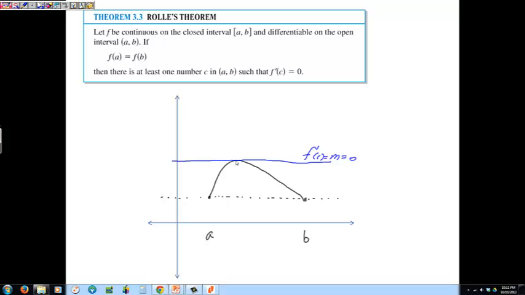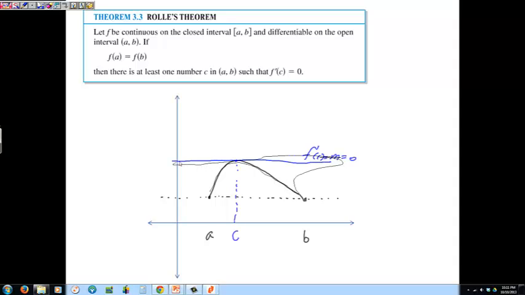And we're going to call this point here C. Okay? So there has to be some place between A and B, at least one, where the slope is 0. Okay, let me redraw this for you. Let's say that this graph looks a little different.